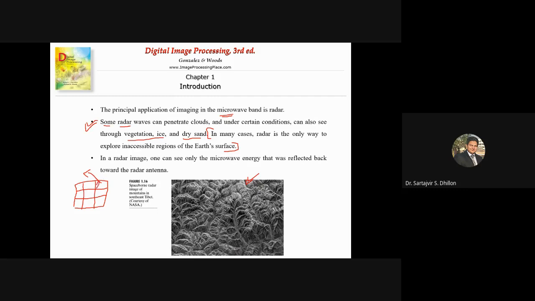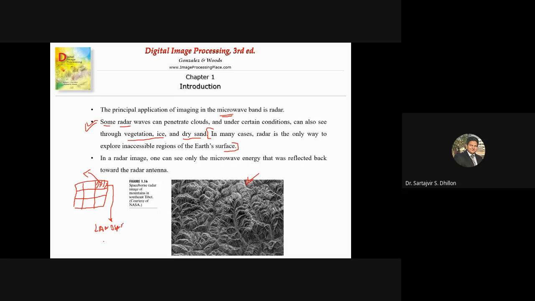For example, in the case of the optical sensor, that is based on RGB, red, green, and blue, I will take the example of Landsat, which we have covered earlier.